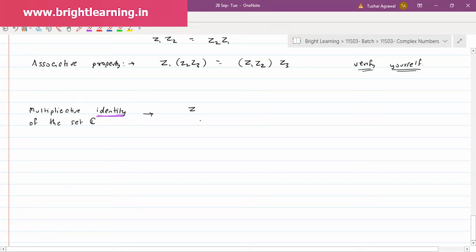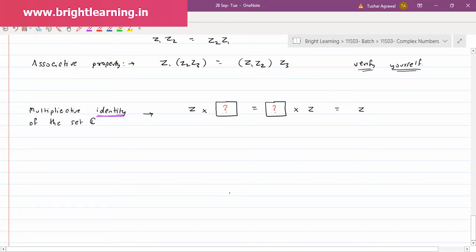For a given complex number z, you have to find some complex number which when multiplied in the commutative order also, z multiplied by box or box multiplied by z, the answer should be z itself.